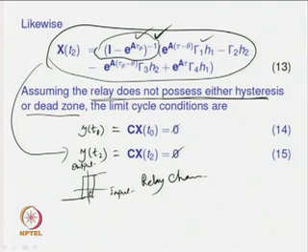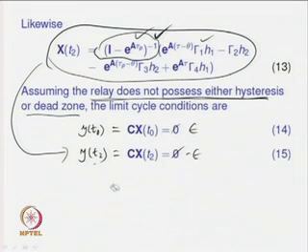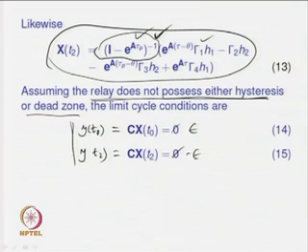So y(t0) equal to C x(t0) will be equal to epsilon, and y(t2) will also be equal to minus epsilon. So, we have to be very careful. Only when we are employing an ideal relay for performing the relay test, at the zero crossings the outputs will be 0.